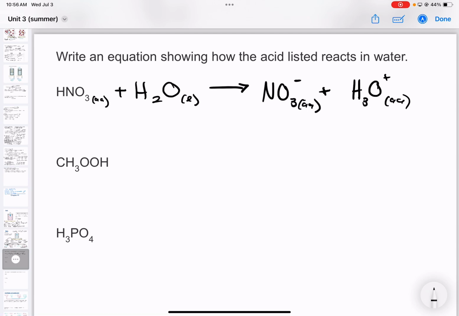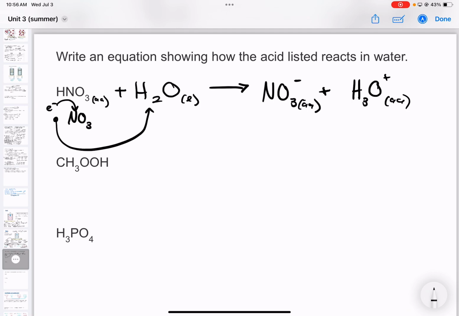So, isn't it supposed to be NO3 plus and H3O minus? No. So the hydrogen is leaving behind its electron. So it's like you've got the hydrogen here and the NO3, and this electron is staying with the NO3, and just the proton is going with that guy.